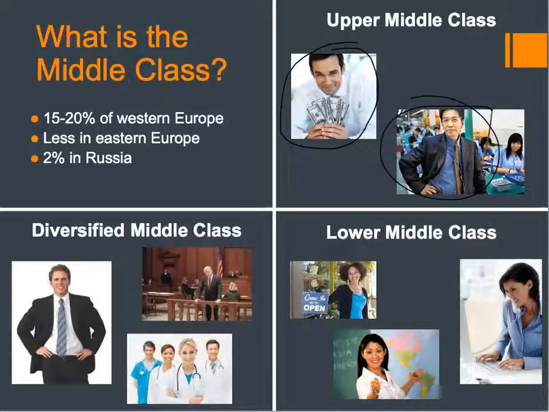Diversified middle class. Basically you have your businessmen, professionals, merchants, doctors, lawyers, civil servants. Even though many of these people have what we consider money today, they are certainly not, at this point, as wealthy as industrial leaders, factory owners, and bankers.